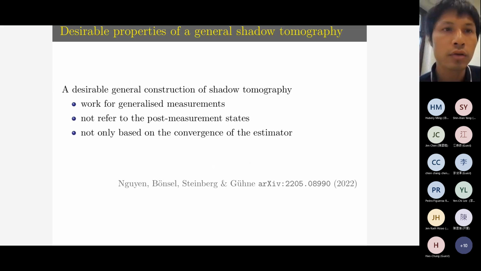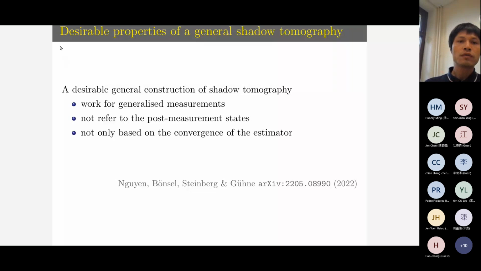So here comes our framework that we propose to understand this. This was a mystery that for me was very difficult to understand at the beginning, and this is what we propose to interpret. And it's natural not only to do shallow tomography with ideal measurements, but actually for generalized measurements it is even a bit simpler.